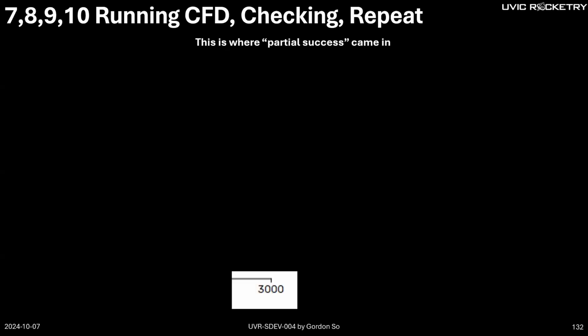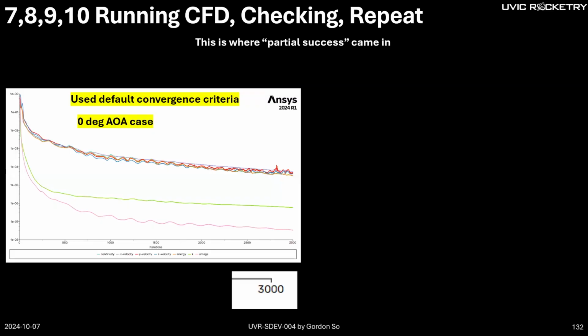However, if we look at the convergence plot, you can see really bad convergence. You can see this solution is really, really unstable. You should see something really smooth and the residuals keep going down. But you can see I go up to 3,000 iterations and it's still struggling to converge.